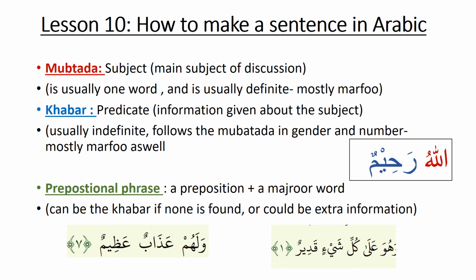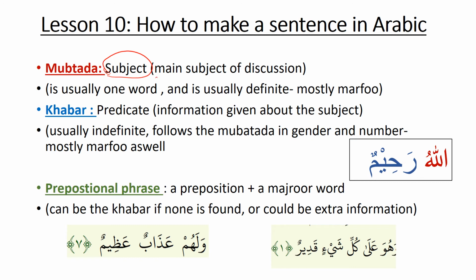Lesson 10 is how to make a sentence in Arabic, which is how we bring all the things together. So we have to remember that the mubtada is the main subject of discussion. It is the subject, and it is usually just one word. To be honest, it's always just one word, okay? And it's usually a noun.